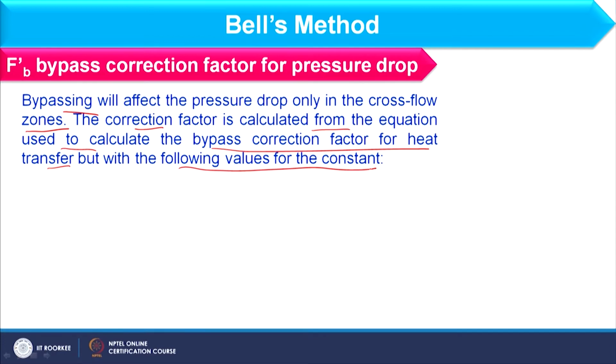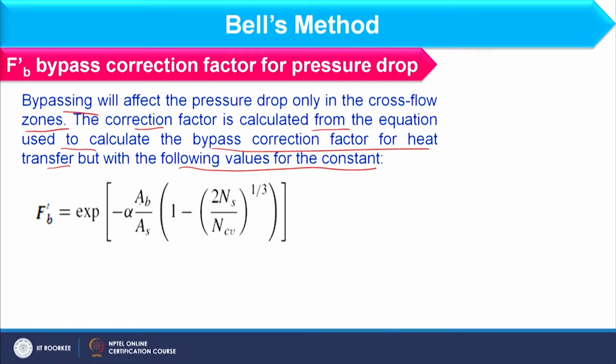If you remember the bypass correction factor equation, there I have one factor, that is alpha. Other parameters like Ab, As, Ns, NCV, all these values will be the same. So, the expression is Fb prime equals exp minus alpha Ab by As, with the sealing strips and NCV values.